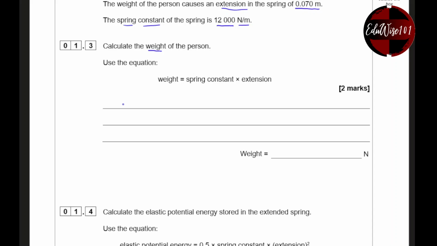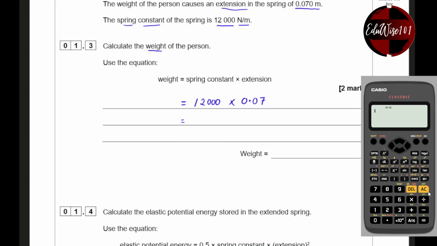So they have given you the equation: weight equals spring constant multiplied by the extension. They're asking you to calculate the weight, so there's no need to rearrange the equation. The spring constant is 12,000 multiplied by the extension 0.07. Let's bring up the calculator for this so you can see how it's done using the calculator.